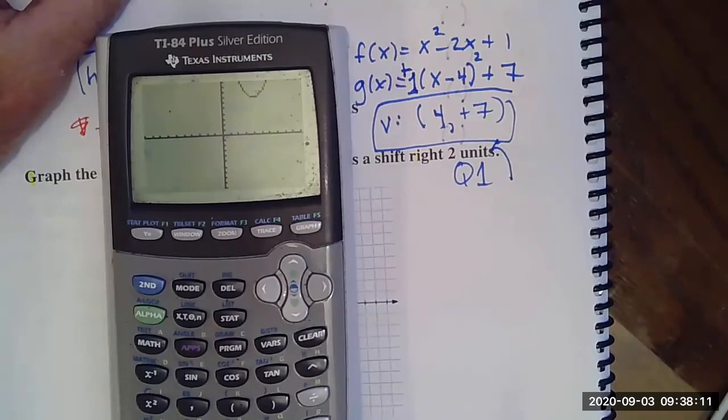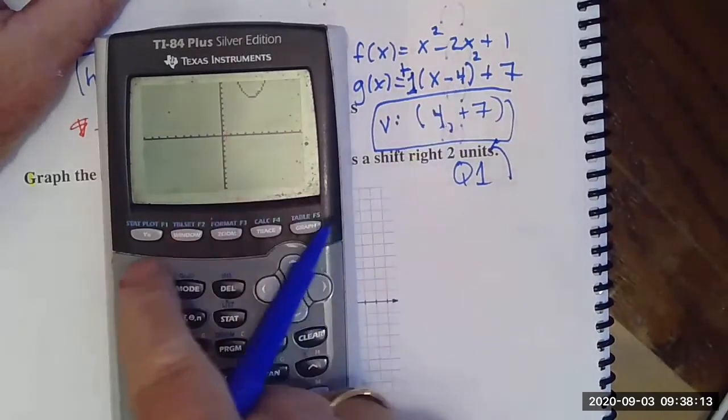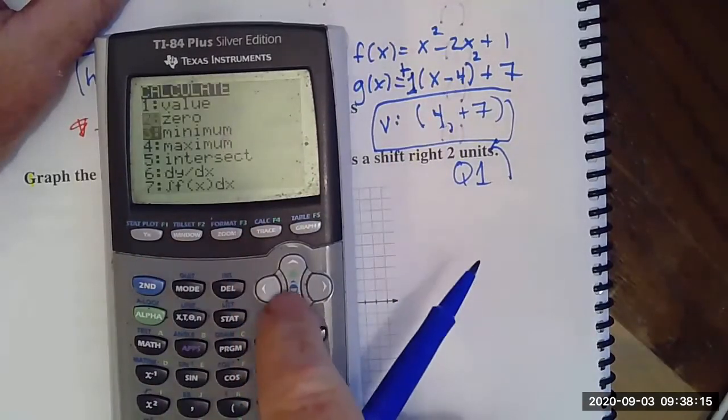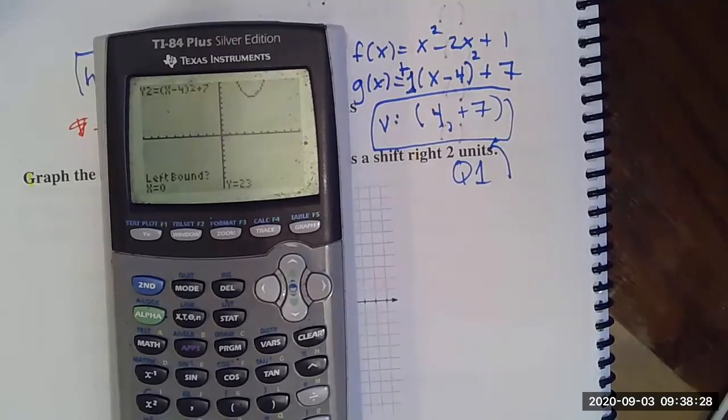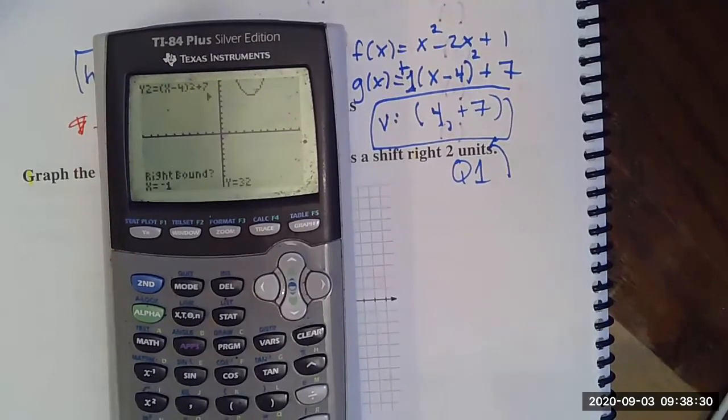There it is. To find the vertex, you go second calc. It's the minimum. You guys are remembering that now, because in your last section you had to decide intervals increasing, decreasing. You have to use minimums or valleys here, in the, say, -1 and 9.